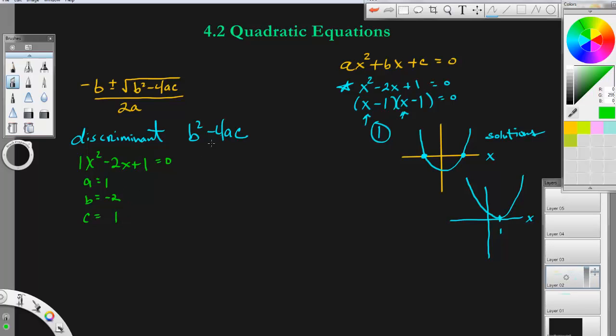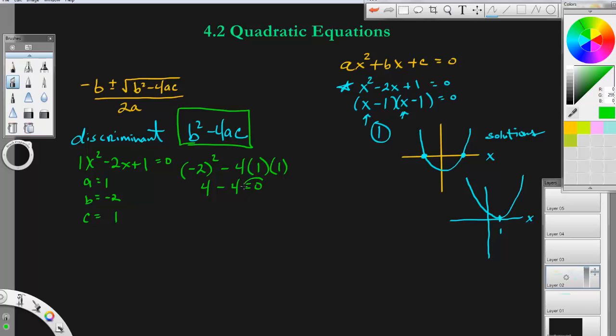Now, if I plug a, b, and c into this discriminant here, it will equal a certain answer. So let's do it. This would be negative 2 squared, make sure you put that in parentheses, minus 4 times 1 times 1, which would be 4 minus, what is 4 times 1 times 1? Well, that's 4. So 4 minus 4 is 0.